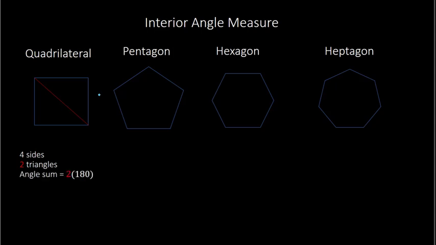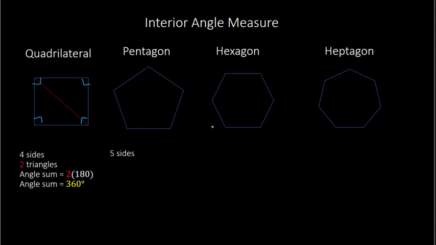So 2 times 180 gives me 360 degrees total as the sum of all these angles. If I add this angle, this angle, this angle, and this angle all together, that would give me 360 degrees.